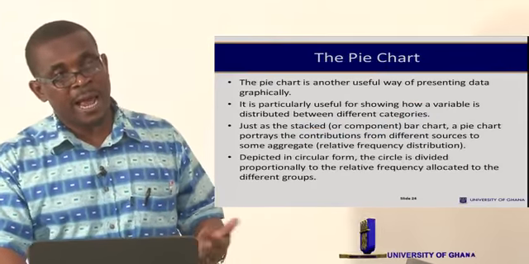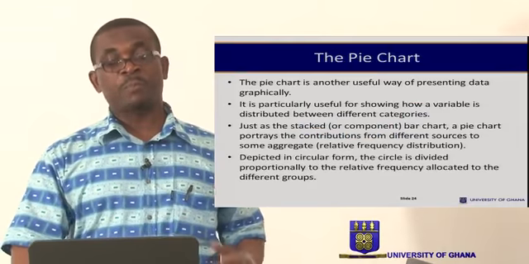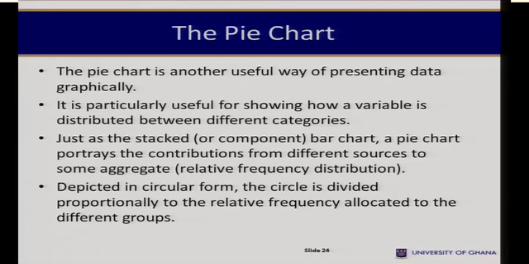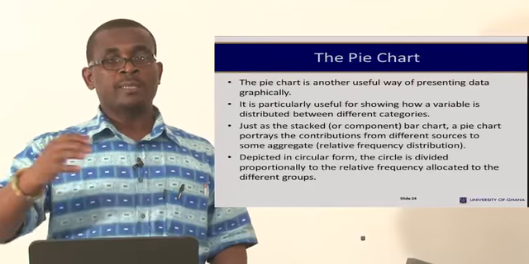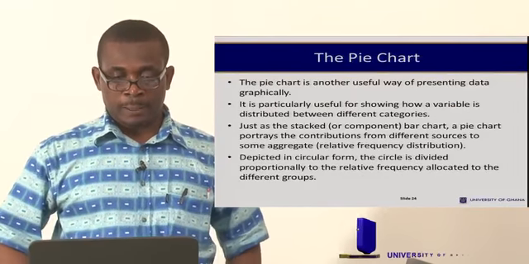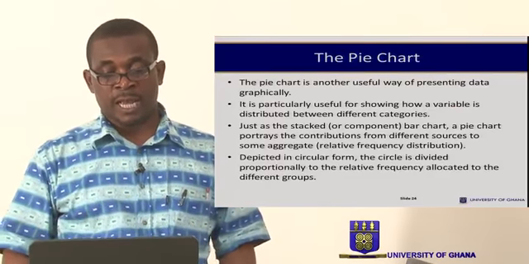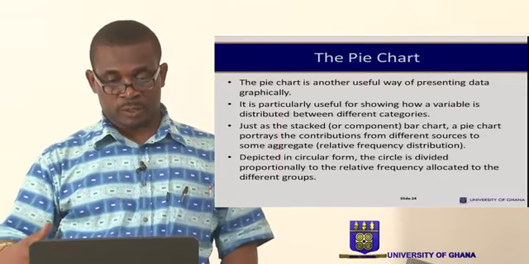It's also a very nice way of representing data graphically. And basically what a pie chart does is we have one category and we want to allocate a given set of data into different categories.